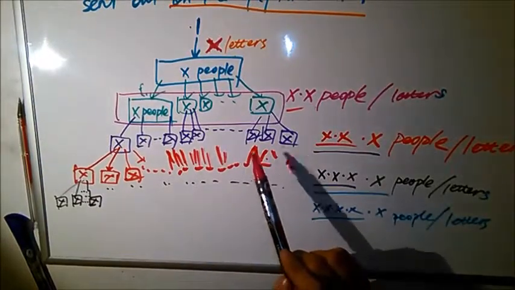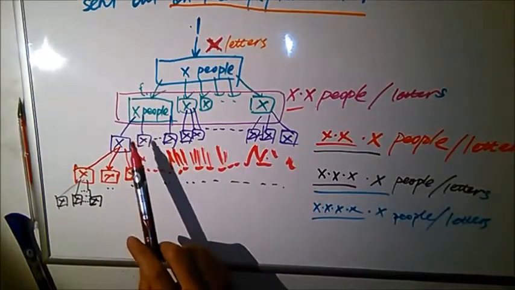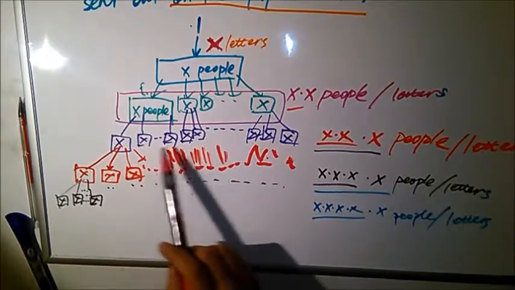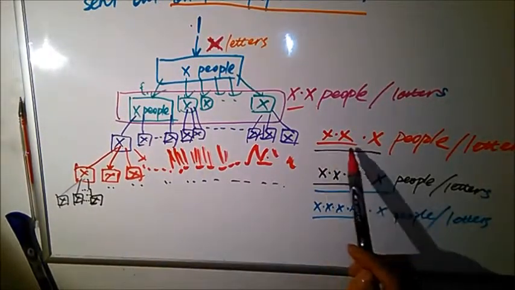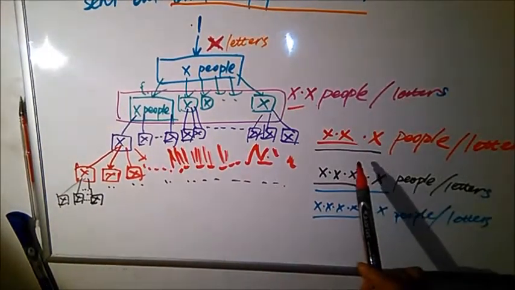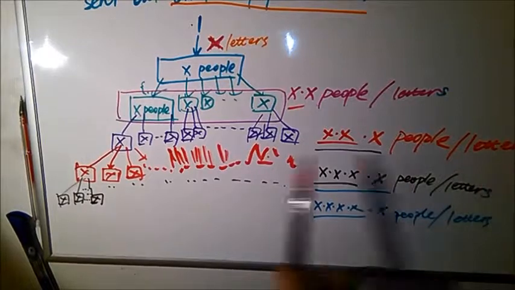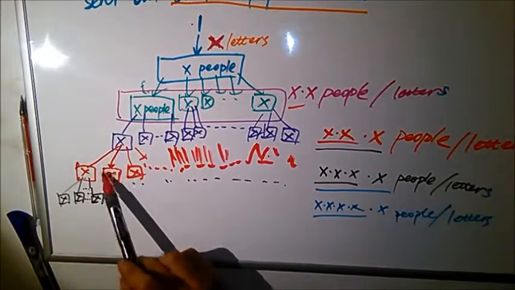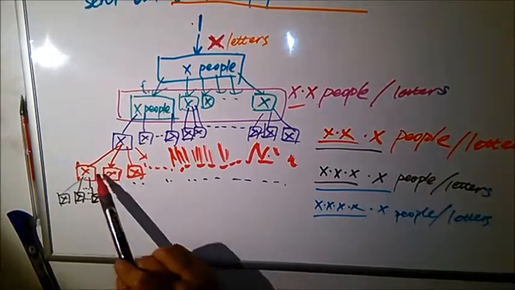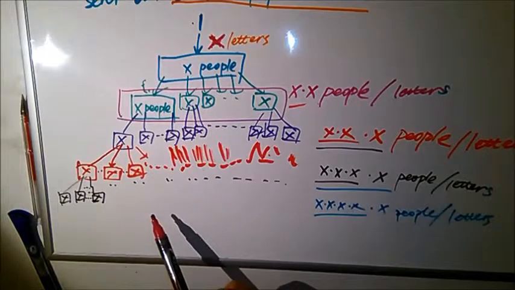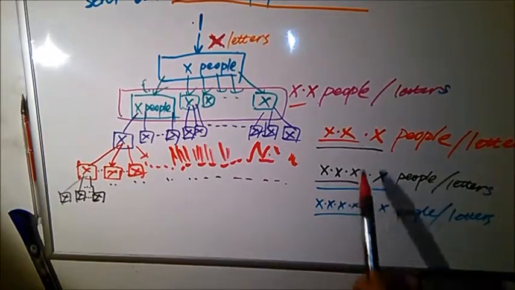And then the next week, those people send out X letters to X people. So we have a total of X times X times X people, right? And in the 4th week, those X people send out X letters to X people, right? It's really, really big. And so we have X times X times X times X people.